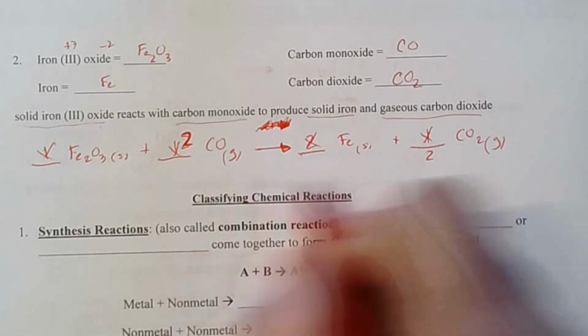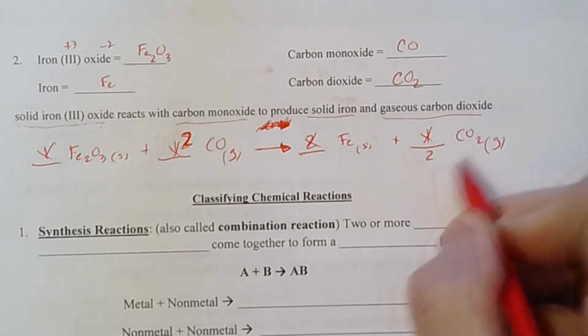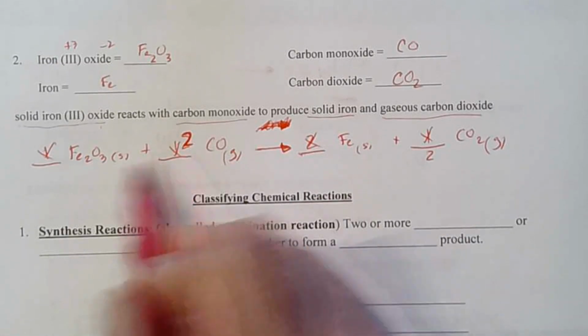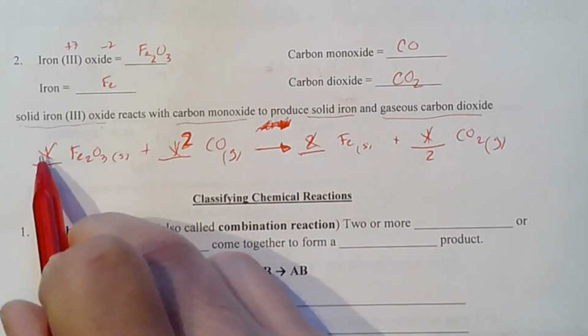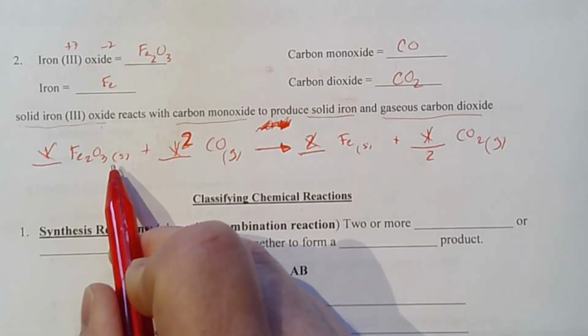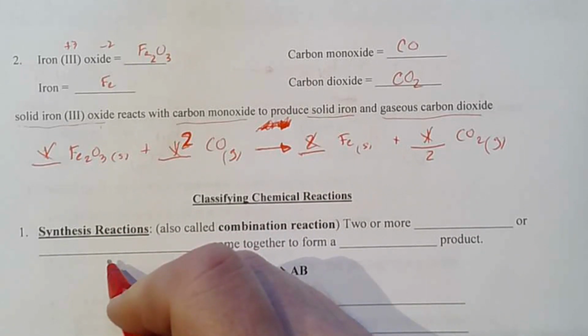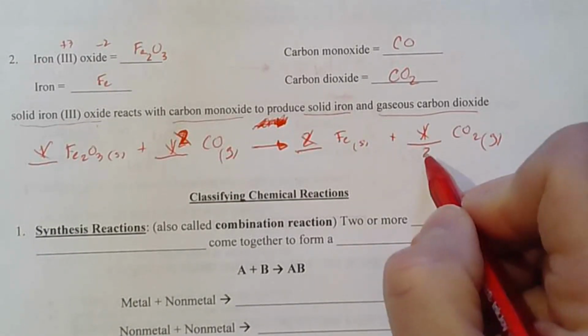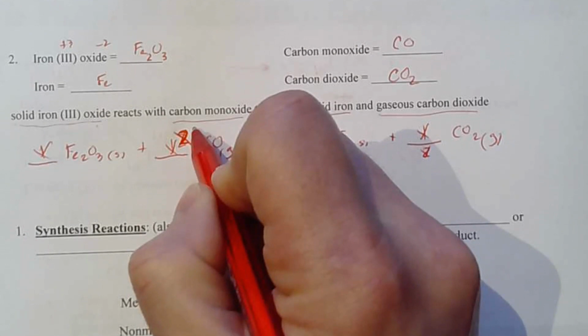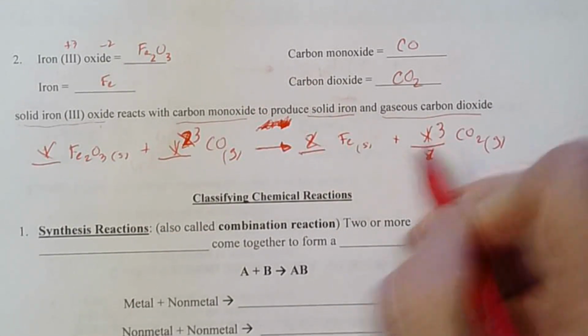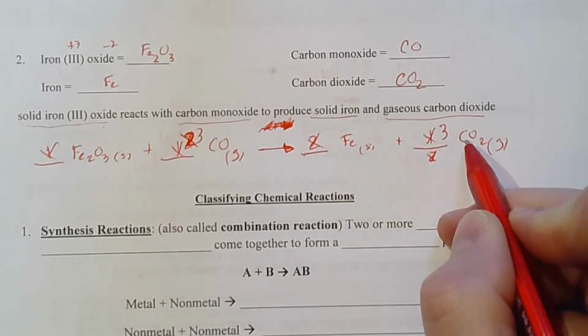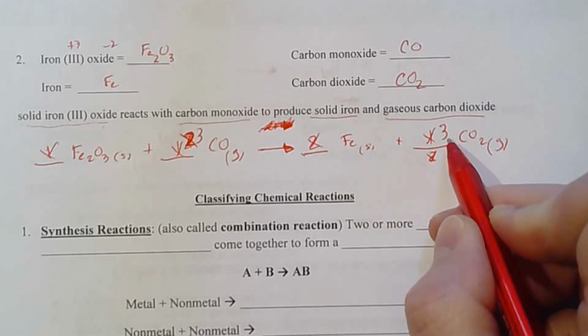That means my carbons are balanced, but I've got 4 oxygens over here, and I've got 2, and if I even have just a 1 here, well, that's going to be 3. That's not going to work. So I'm going to bump this up to a 3. 3 carbons, 3 carbons. Carbons are balanced.